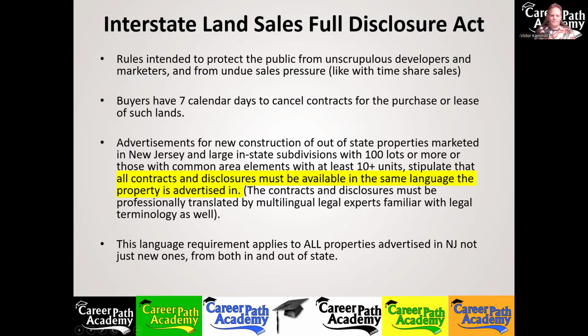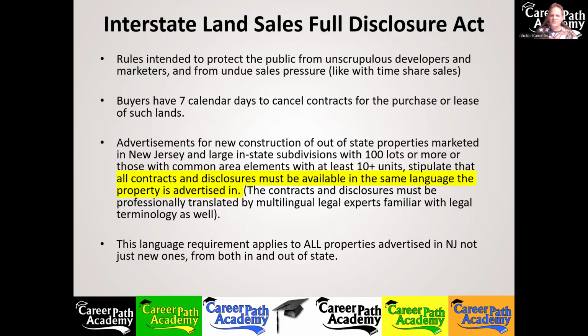So here's the law. Anytime you market a property for sale, all the contracts and disclosures for that property must be available in the same language that you advertised it in. You cannot do the translation, even if you're multilingual.